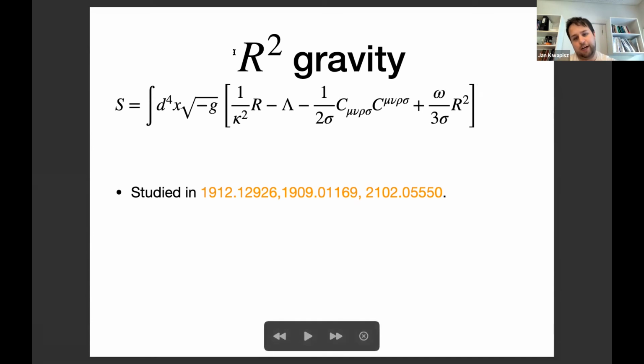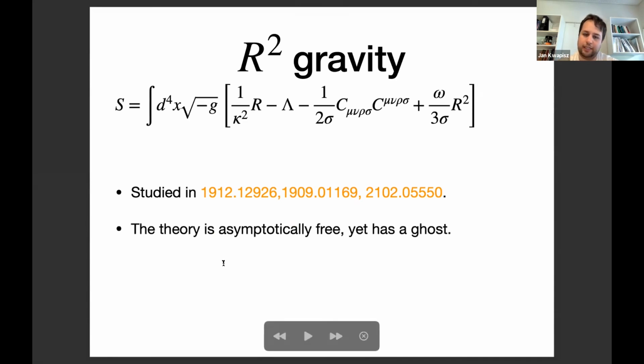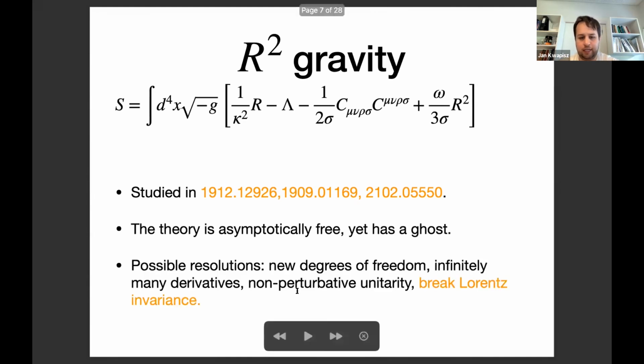However, this theory, even though it's renormalizable and actually asymptotically free, has a ghost, which can be resolved in various ways. One is new degrees of freedom. Another is infinitely many derivatives, so-called non-local gravity. Another is that maybe there is some non-perturbative mechanism that will restore unitarity. And finally, we can break Lorentz invariance, and that would be our choice.